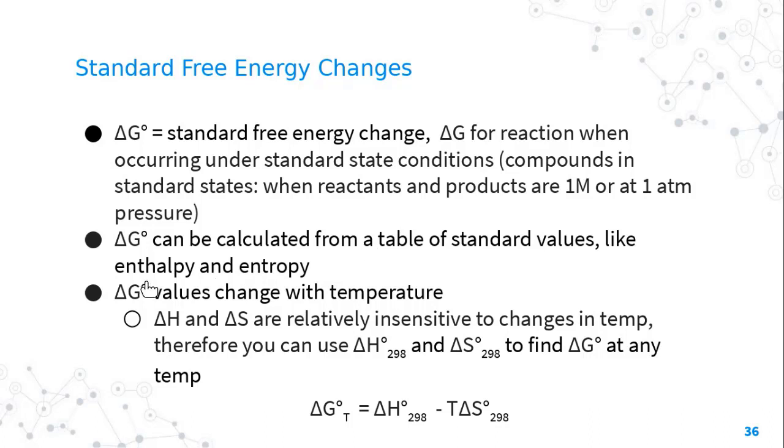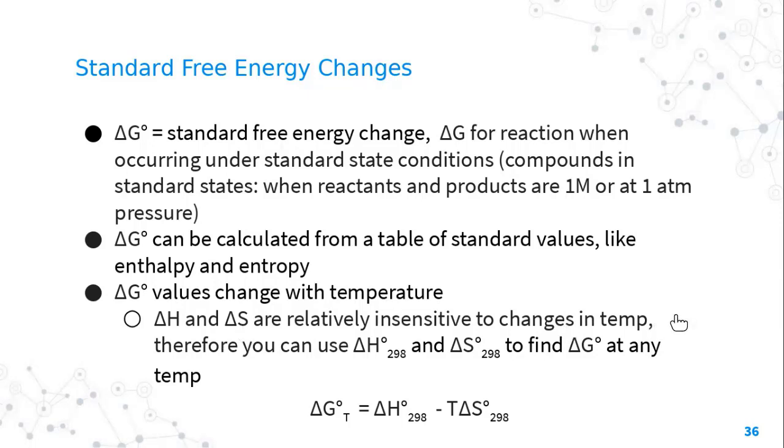And then this also changes with temperature. And you know that because we've been talking about this whole time, like this formula down here, don't worry about these numbers yet, but we have T in the equation for calculating delta G. And so this definitely is dependent on the temperature. But to our benefit, delta H and delta S actually are pretty insensitive to changes in temperature.